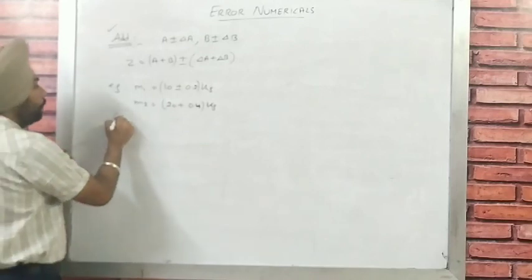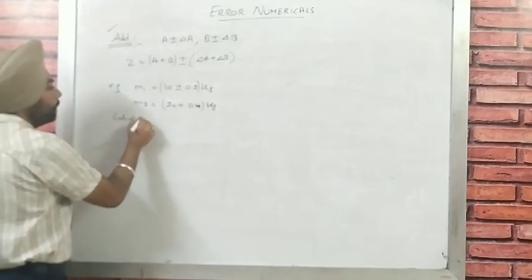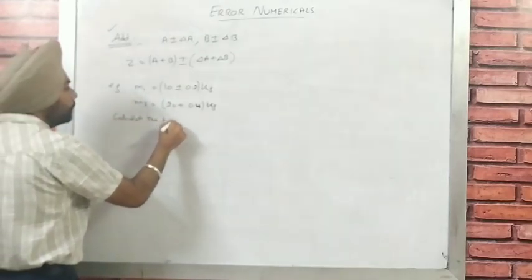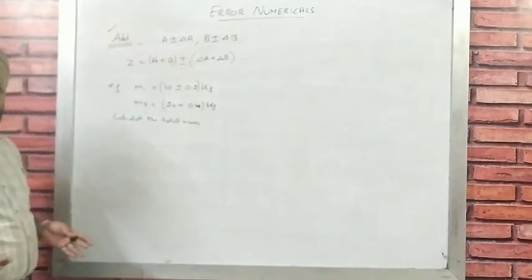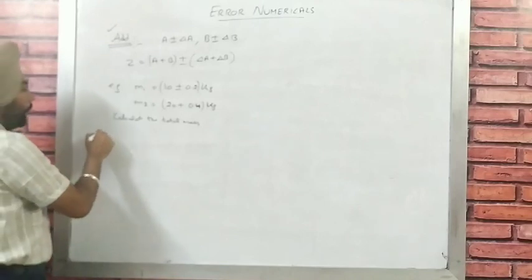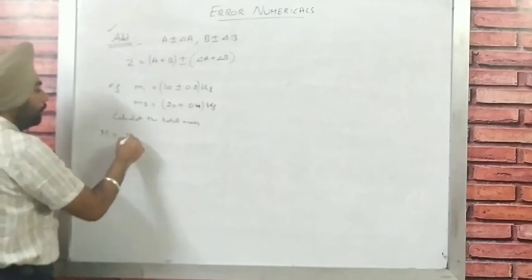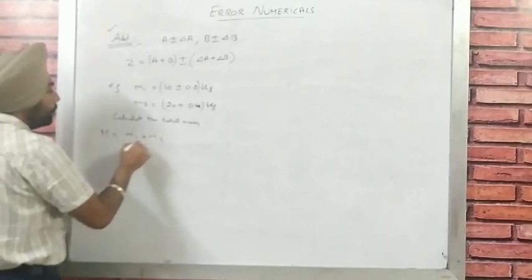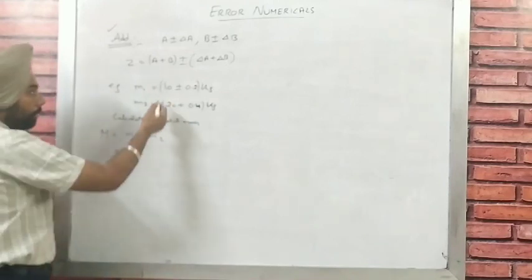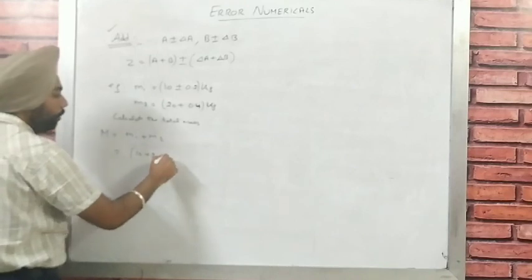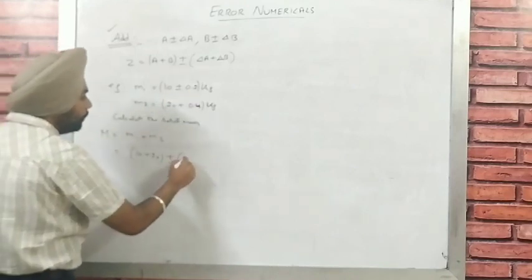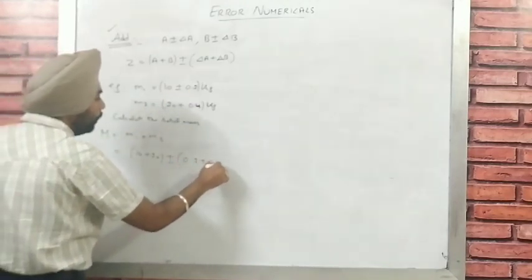Now you have to calculate the total mass. How can you calculate the total mass? It's very simple. If you want to have capital M, that is going to be M1 plus M2. How can we add them? So 10 plus 20, true value in true value, and absolute errors 0.2 plus 0.4.